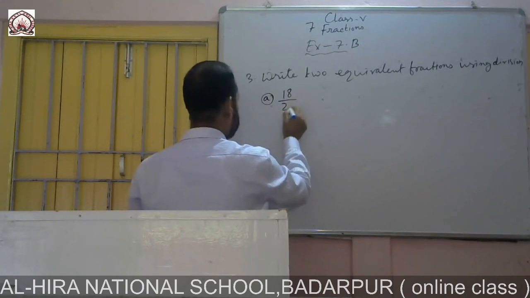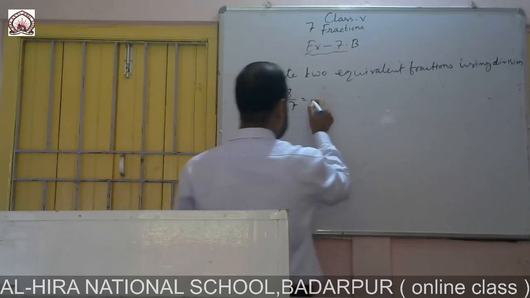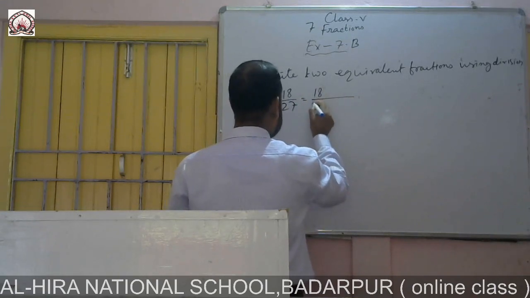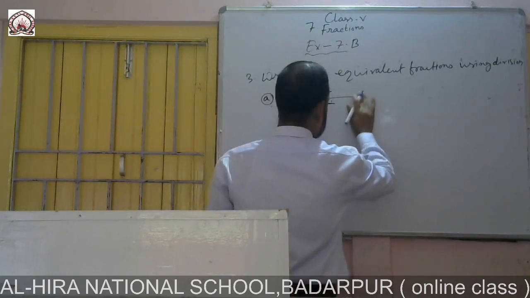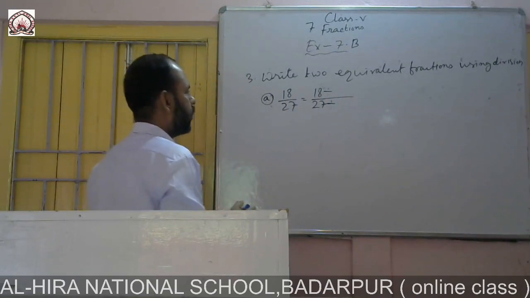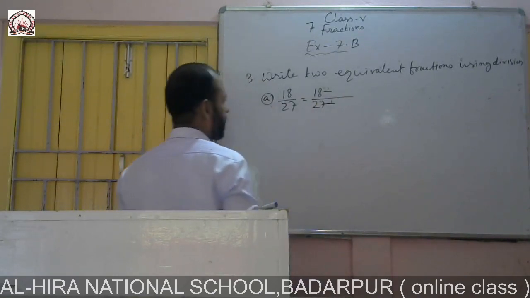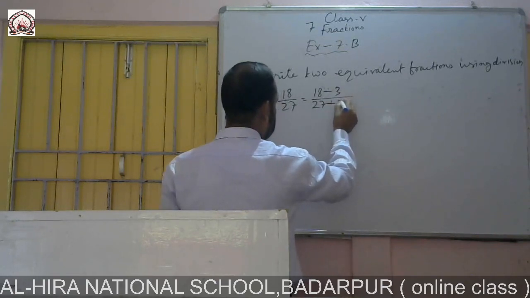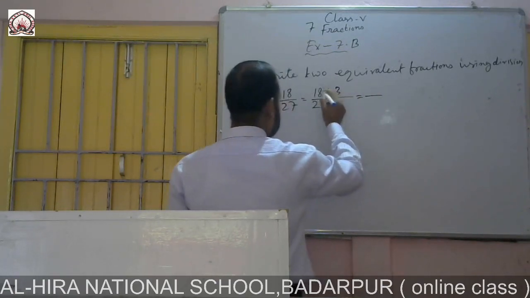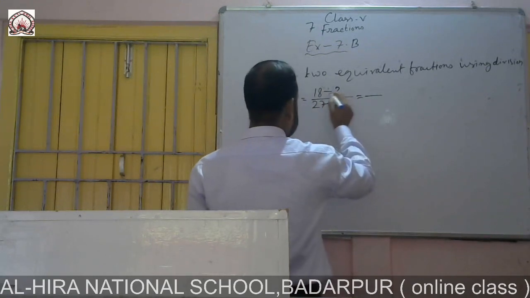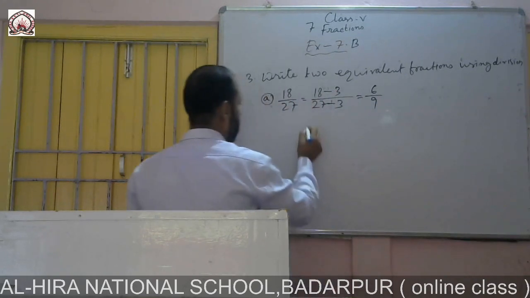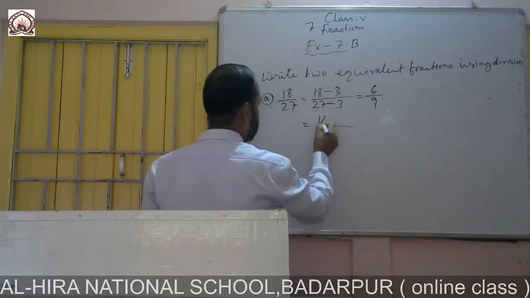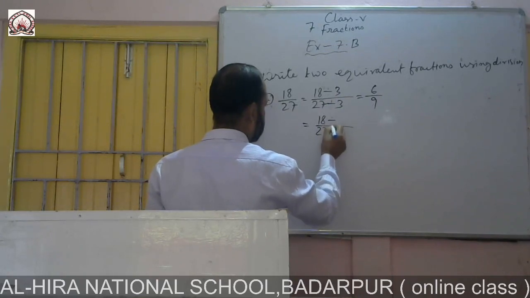18 by 27. So using division, 18 by 27, divide. So we see with which number we can divide both 18 and 27. So here we found 3. 18 divided by 3, so 3 6s are 18 and 3 9s are 27. Next, again write 18 by 27, divide.